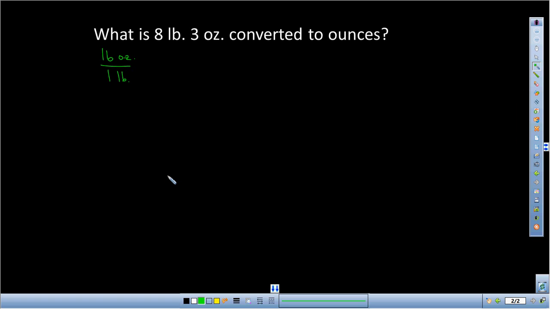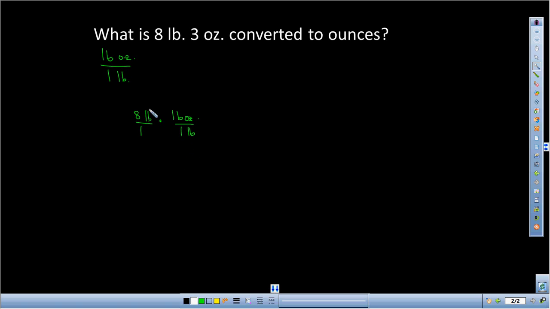We're going to use that conversion factor to determine how many ounces are in 8 pounds 3 ounces. Let's start with the 8 pounds. We're going to write our 8 pounds as a fraction, and we're going to multiply the 8 pounds by the conversion factor. So we're going to multiply that 8 pounds by 16 ounces per 1 pound.